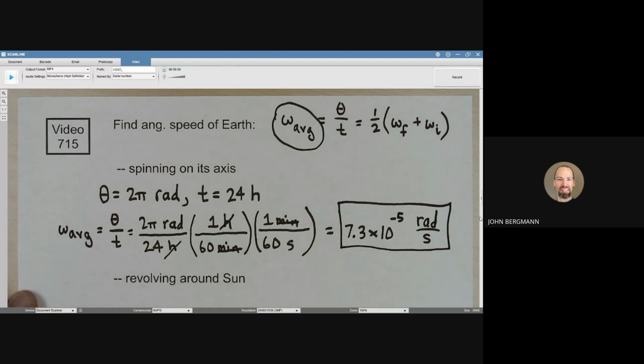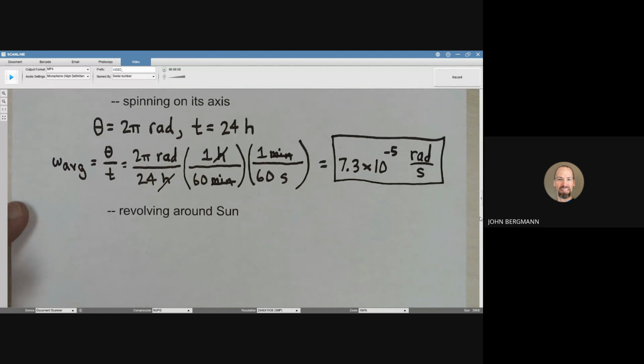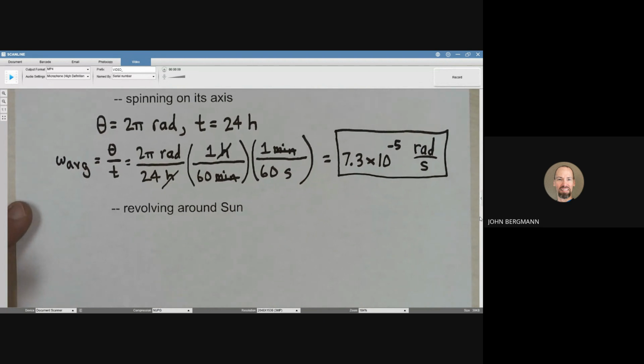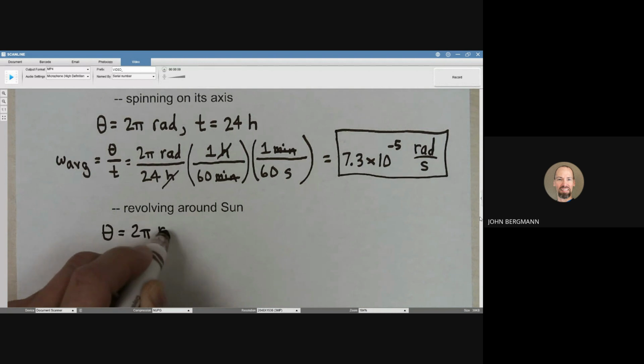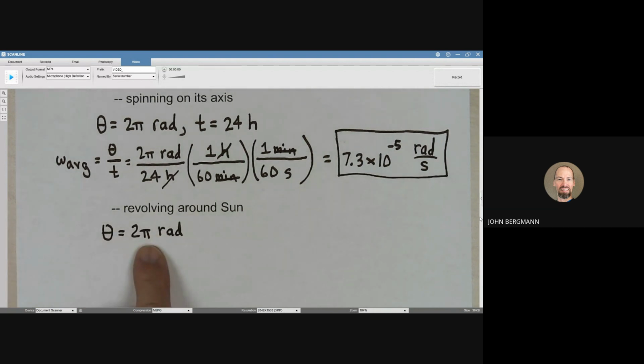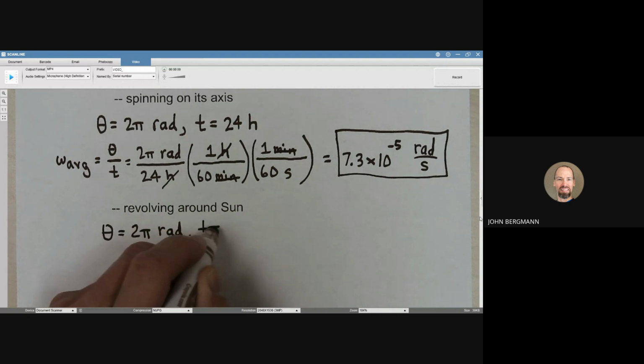The Earth also goes around the sun. And the only difference between the calculation we're about to make and the one we just did is the time. Because when the Earth revolves around the sun, let's say it goes around once, therefore the angular displacement is 2 pi radians, but the time is definitely not 24 hours.